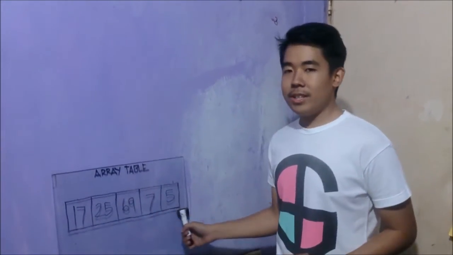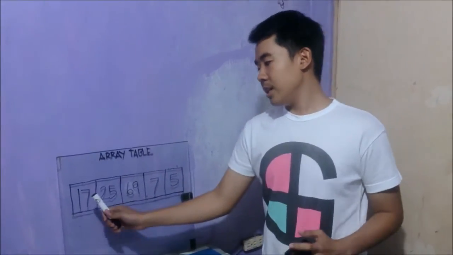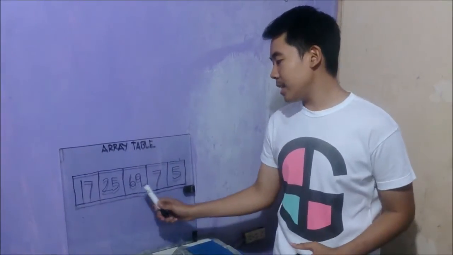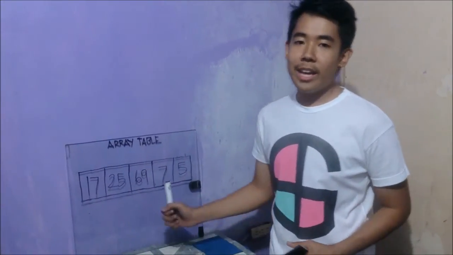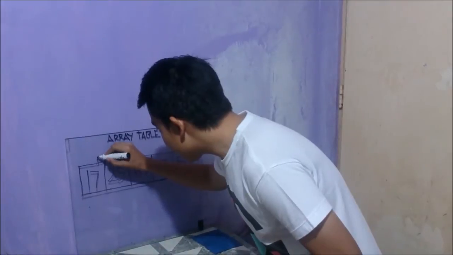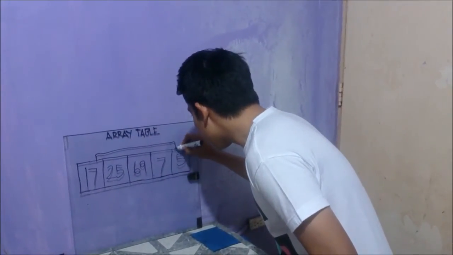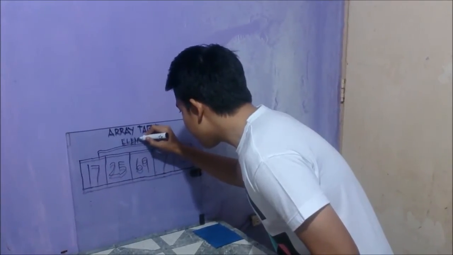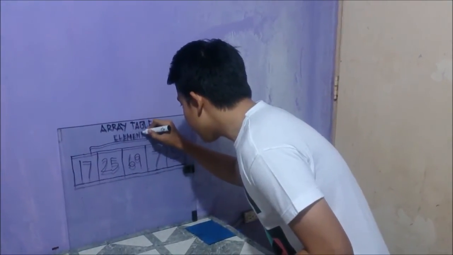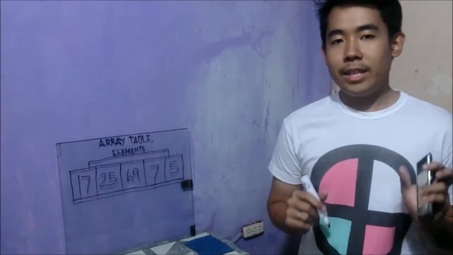And now, I will show you an example of an array table. As you can see, I have 5 numbers in these boxes, which is 17, 25, 69, 7, and 5. These numbers are called elements. And each of these elements have an index.